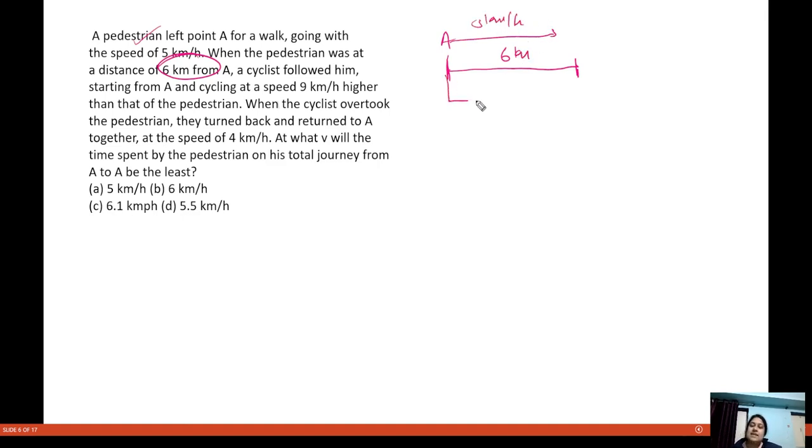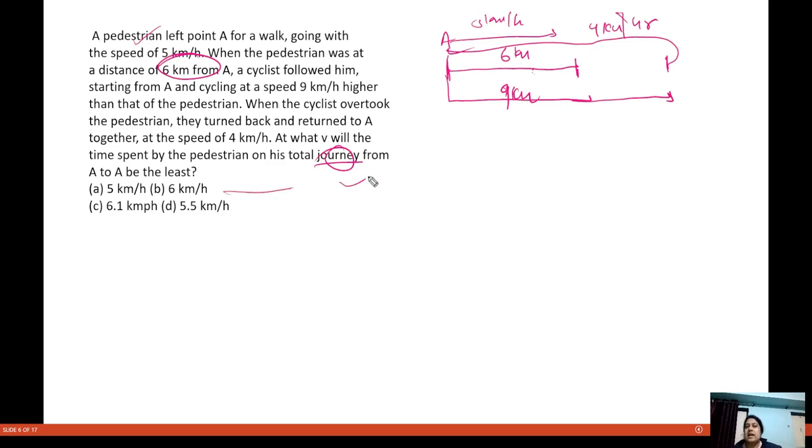Then a cyclist comes who is traveling at a speed of 9 kilometer more than what this pedestrian is walking with. Then when both of them meet, they turn and return at 4 kilometer per hour speed. Now the question is saying, tell me the speed at which the time spent by the pedestrian on his total journey from A to A be the least.